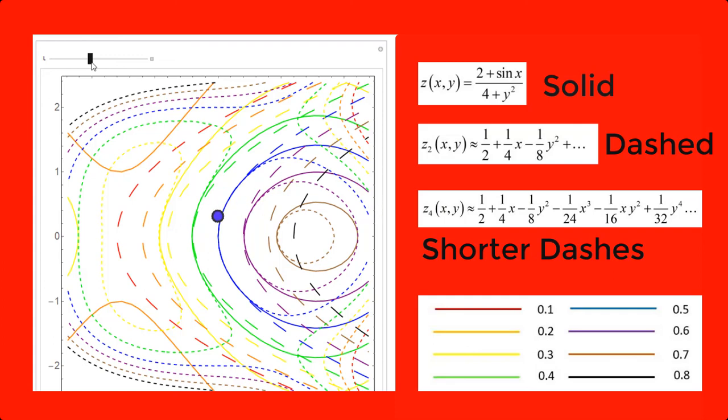For example, if we were to follow the green curve for 0.4 around, the actual function goes in one particular direction, whereas the fourth order approximation just takes a totally different path. So we conclude that the fourth order approximation near the origin does an even better job of approximating the function than the second order approximation does. But once we go further from the origin, the fourth order, just like the second order, becomes less useful.